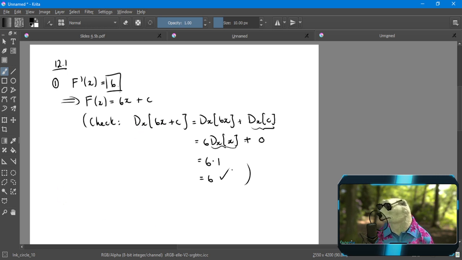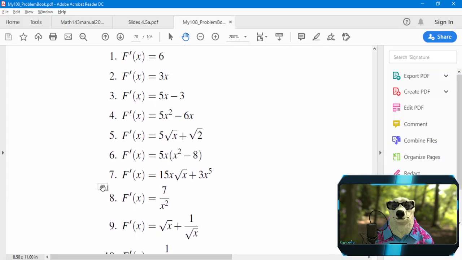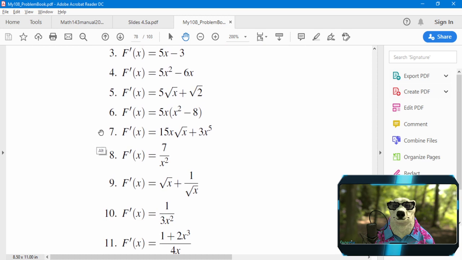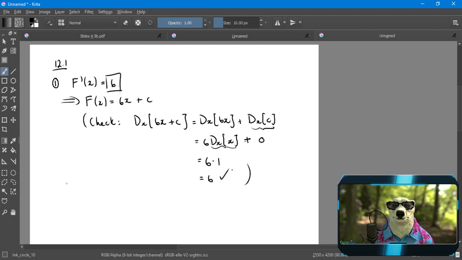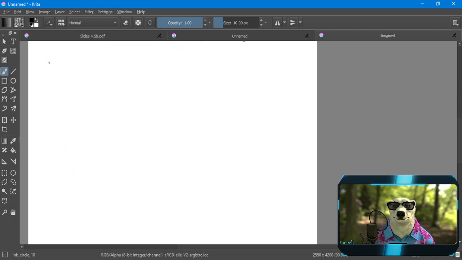Let's see what else there is. I won't do every one of them. Let's do number 3, 5x minus 3. Number 3, I have a derivative answer, 5x minus 3.